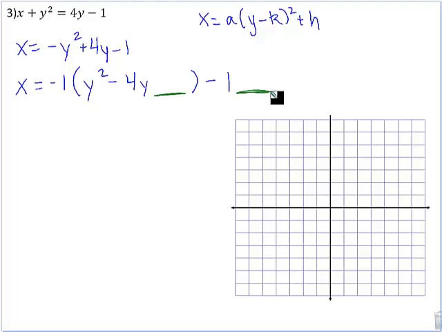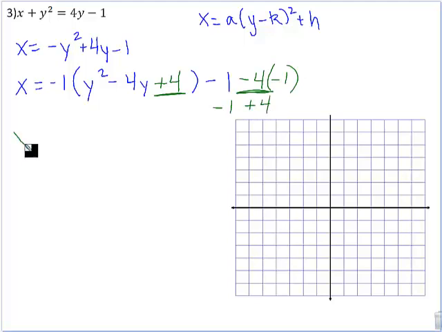So what do we have to do with this 4? Divide by 2 first, and then square it. So 4 divided by 2 is 2, and 2 squared is 4. So minus 4, and times it by what number? By our negative 1.